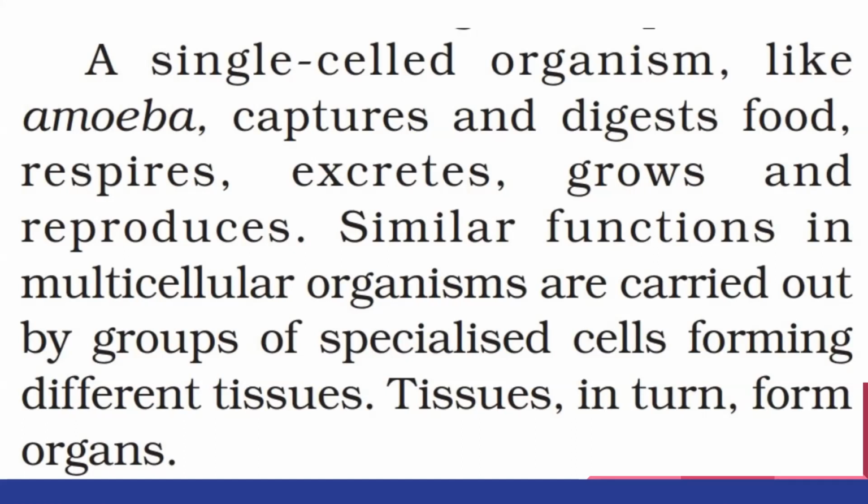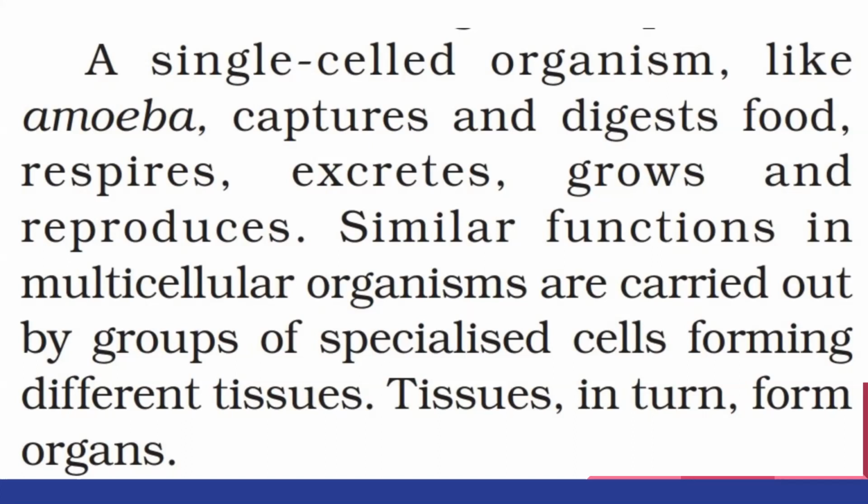So what we have learned today is mainly that organisms on the earth or in the universe, according to the number of cells, can be classified into two groups: multicellular organisms and unicellular organisms.